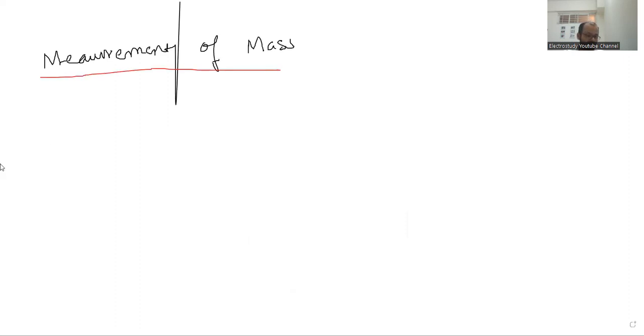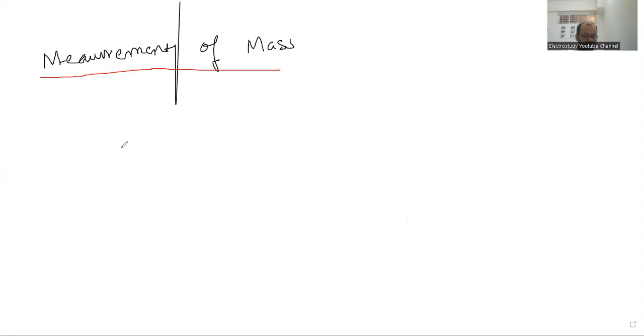Next is measurement of mass. Let me explain the different methods of measurement of mass. Only a few points we will discuss, which are required for the examination.